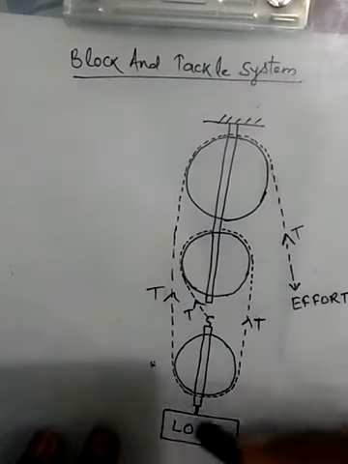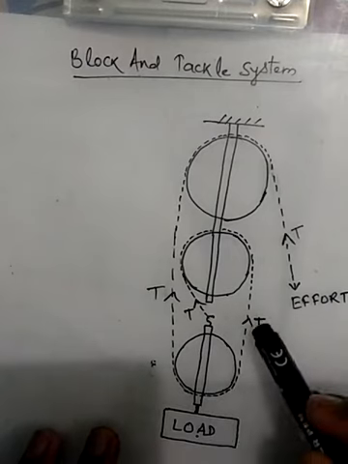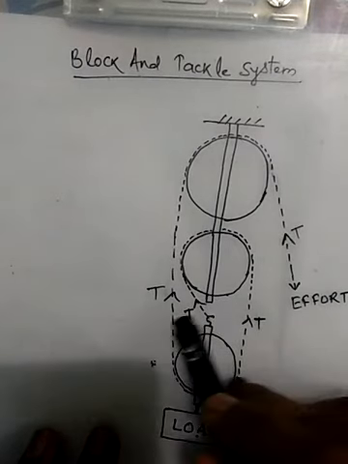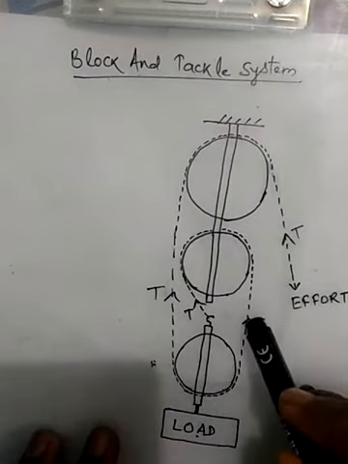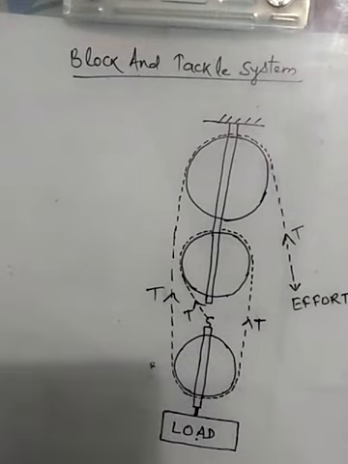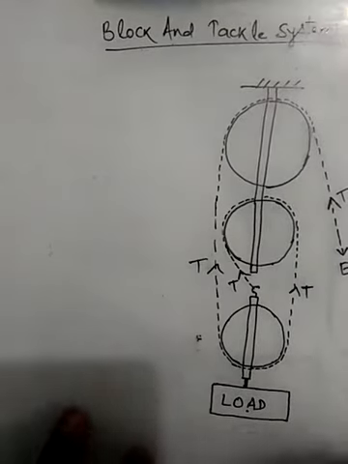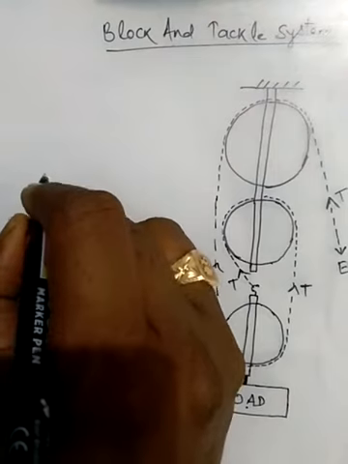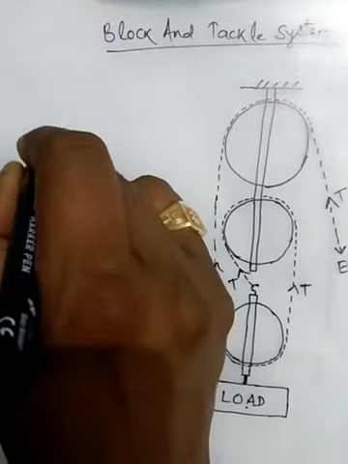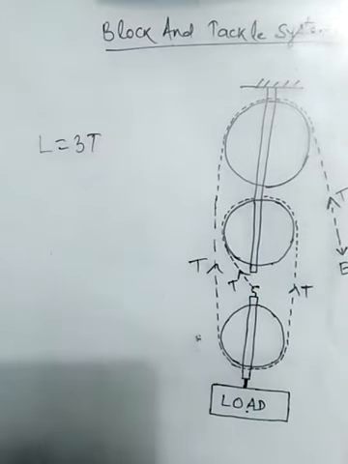Here the load is balanced by three segments of the string, this one and this one. Therefore the load can be balanced by 3T. Then we can write here L equal to 3T.